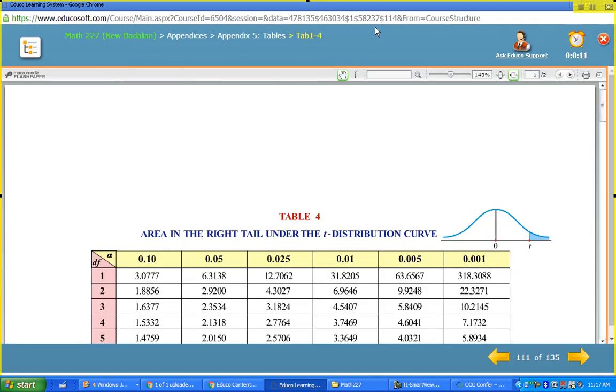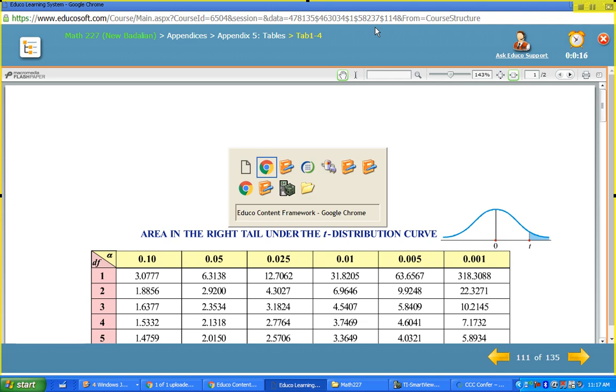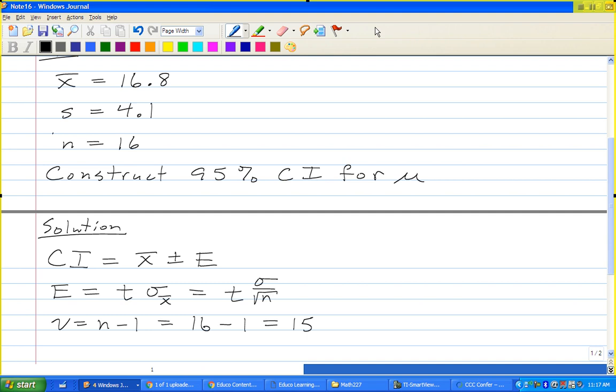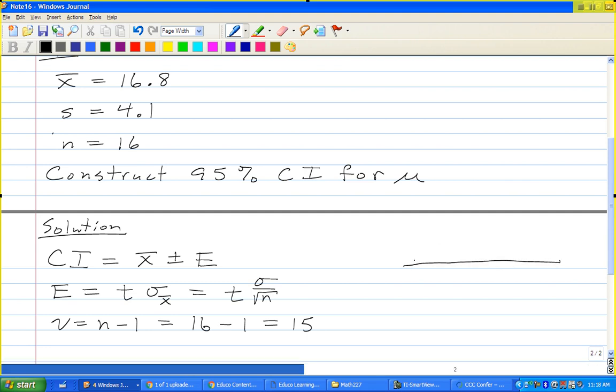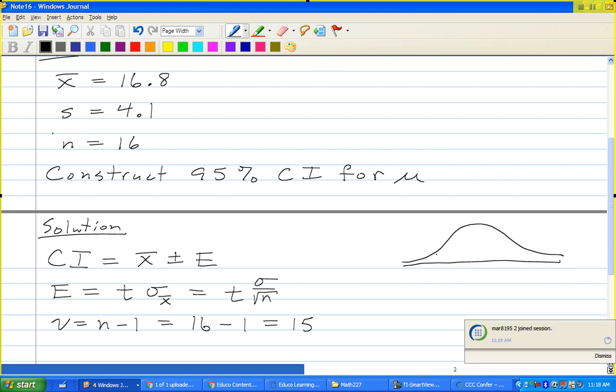If I look back, degrees of freedom was 15, and I want a 95% confidence interval. That means 95% is going to be in the middle, which means on each tail I will have half of that, so 2.5%.